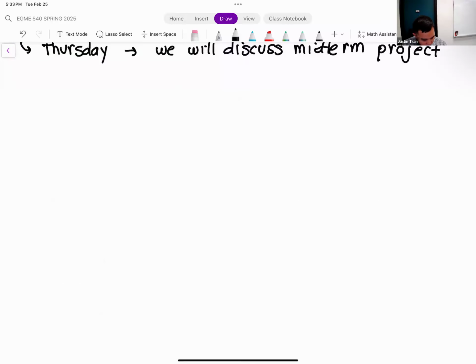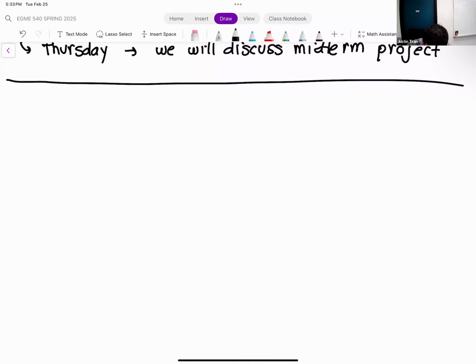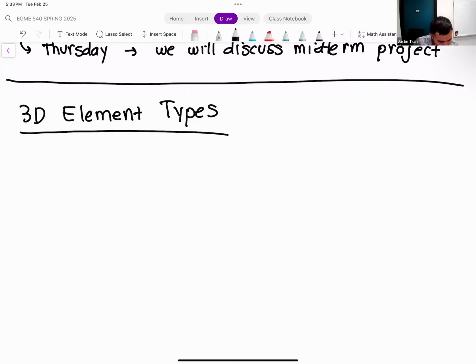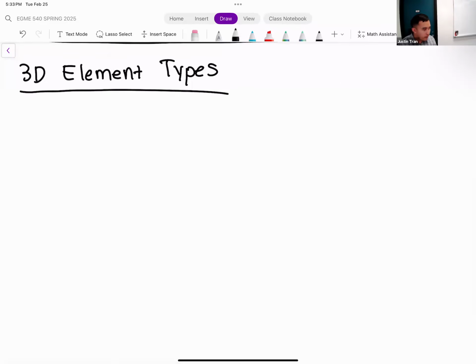Okay, so plan for today is to talk about 3D elements. Just to refresh your memory of what we talked about last Tuesday, we went a lot more in depth in terms of what the different element types are and what they represent.